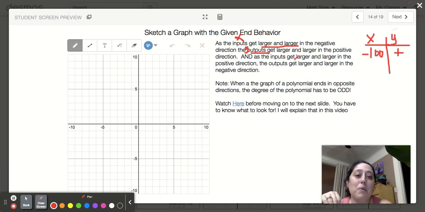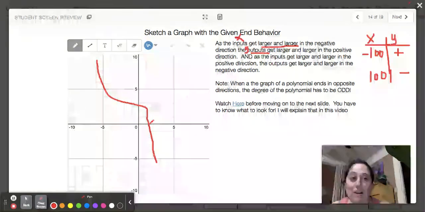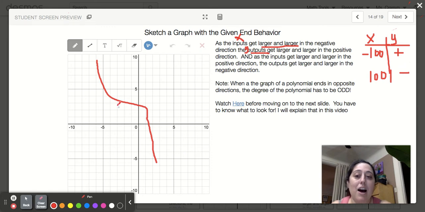And as the inputs get larger and larger in the positive direction, so positive 100, the outputs get larger and larger in the negative direction. Interesting. So I start up here, but I'm going to end down here. With a better graph than that, but I'm just focused on the end function.